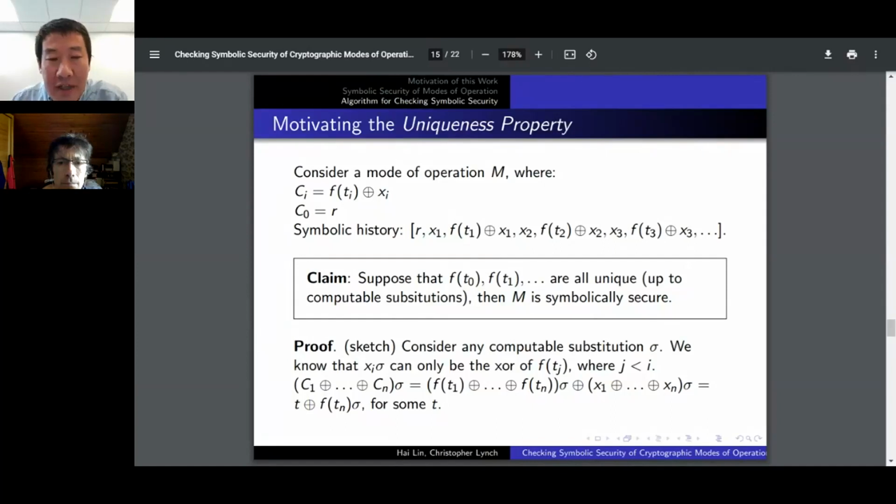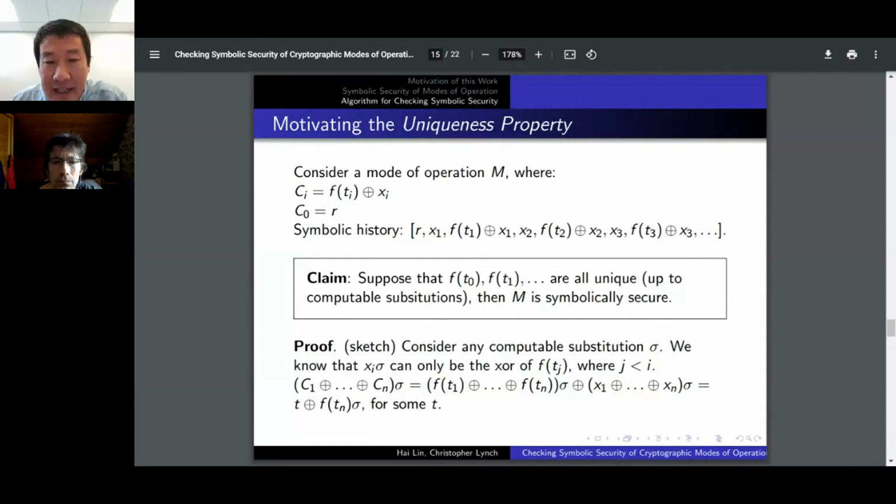It cannot go away for two reasons. First, we assumed that all the F-rooted terms are unique. Therefore, no F-rooted term can make f of Tn go away. Second, we only consider computable substitutions, where all of the variables can be mapped to the XOR of some previous F-rooted terms.